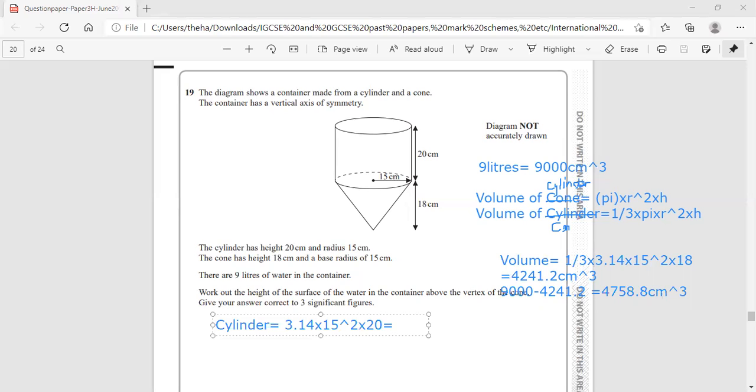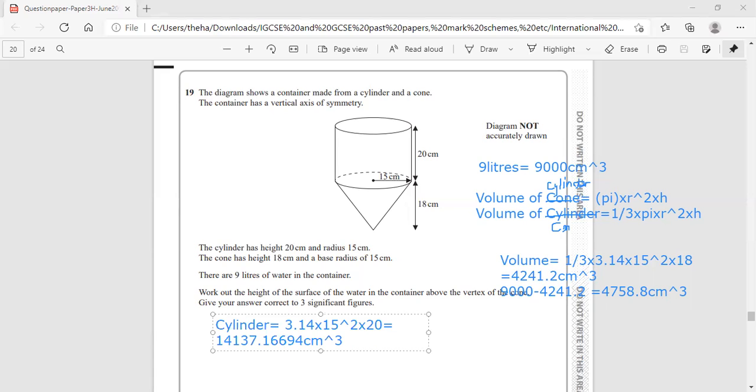Okay, so putting that into your calculator, 15 squared times 20 gives you 4,500 pi, or 14,137.16694 centimeters cubed.